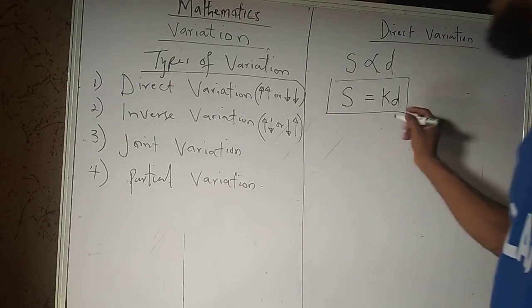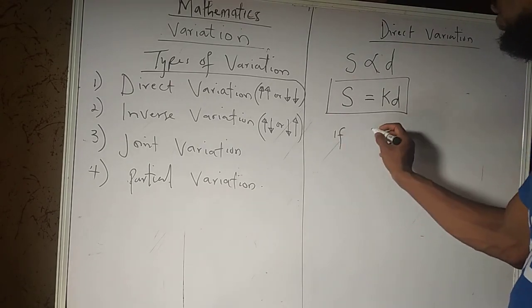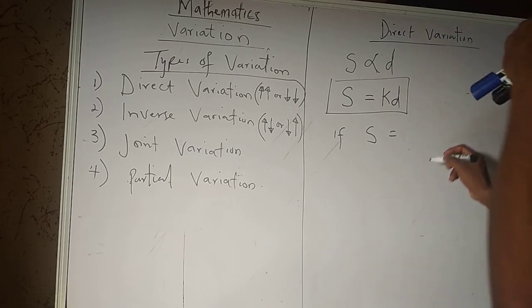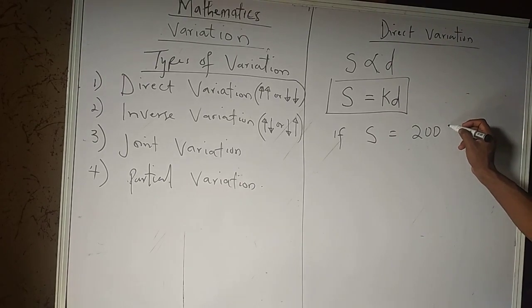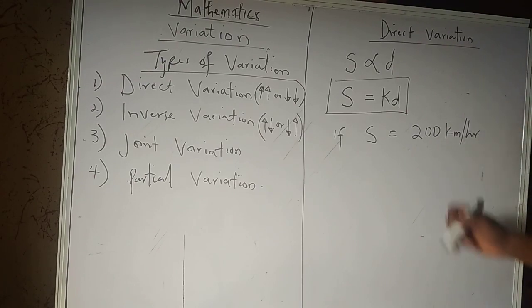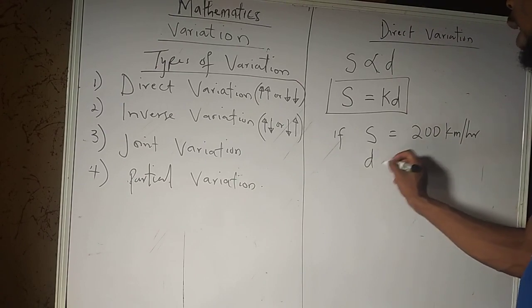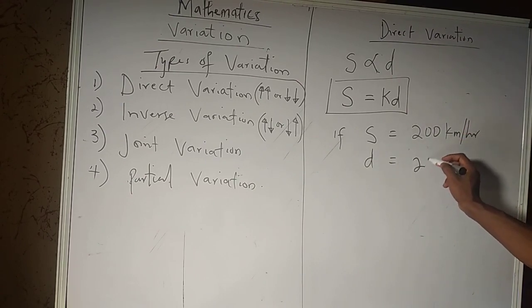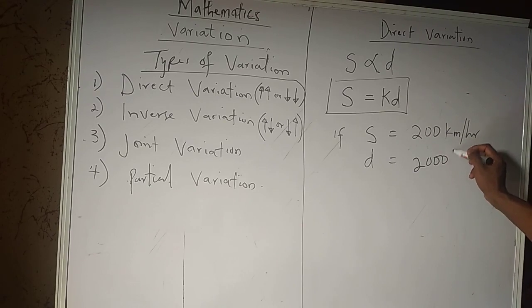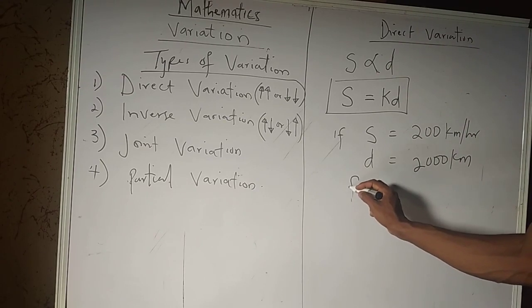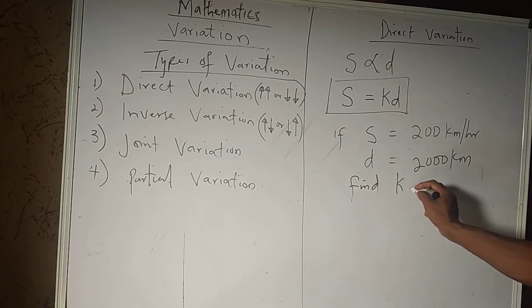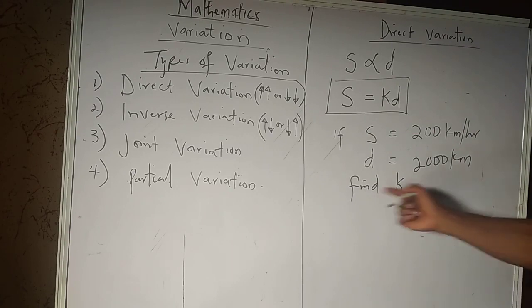So in the case where the speed is equal to 200 kilometers per hour, and the distance covered is 2,000 kilometers, then the question can be, we need to find K. That's the constant there. Alright, so this is quite simple.